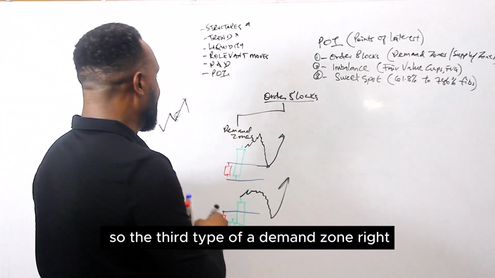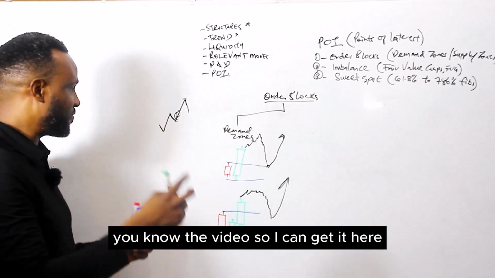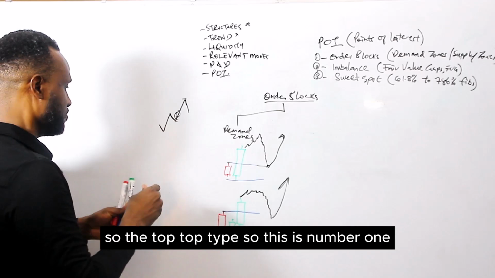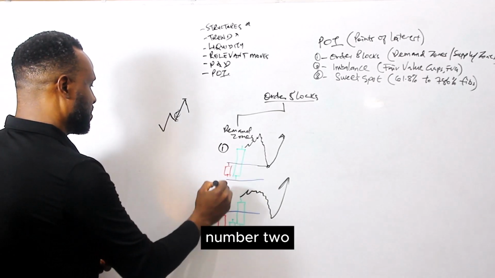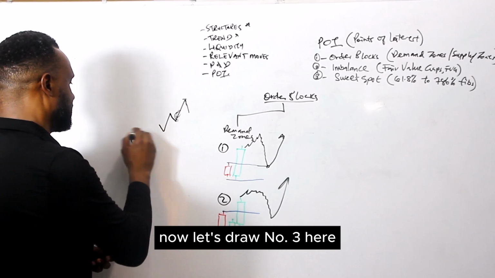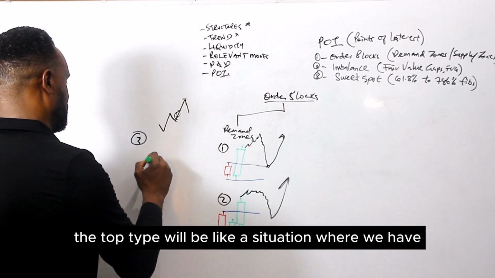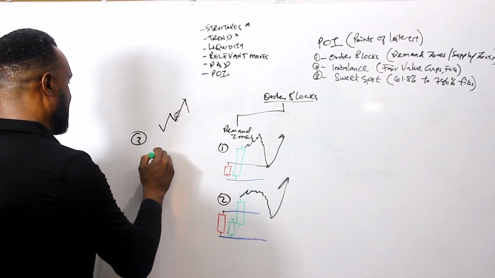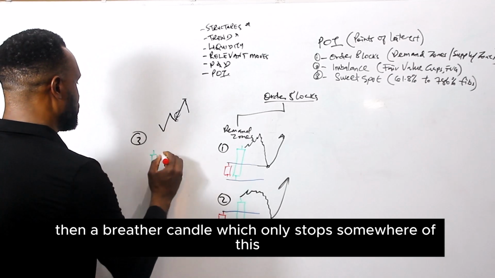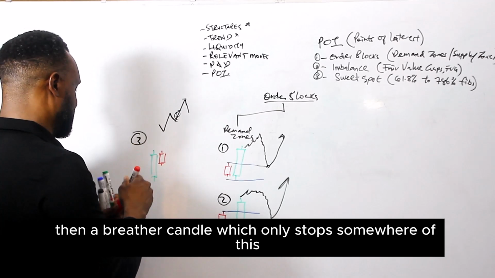So the third type of demand zone, just for the sake of the video, so this is number 1, number 2. Now let's draw number 3 here. The third type will be a situation where we have a bullish candle, then a breather candle, which only stops somewhere around this.